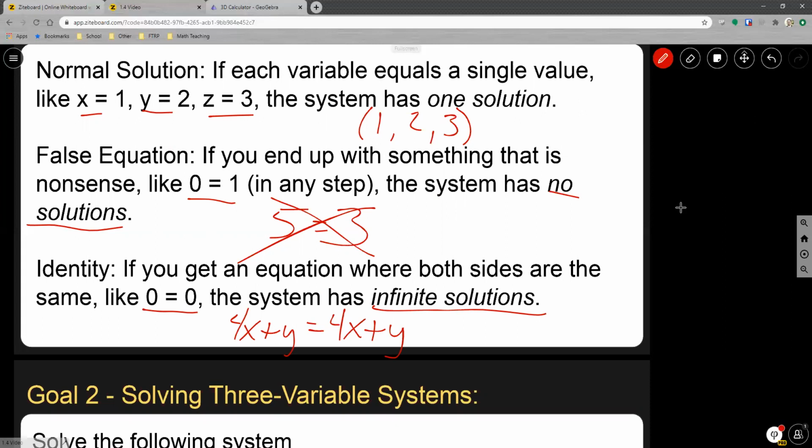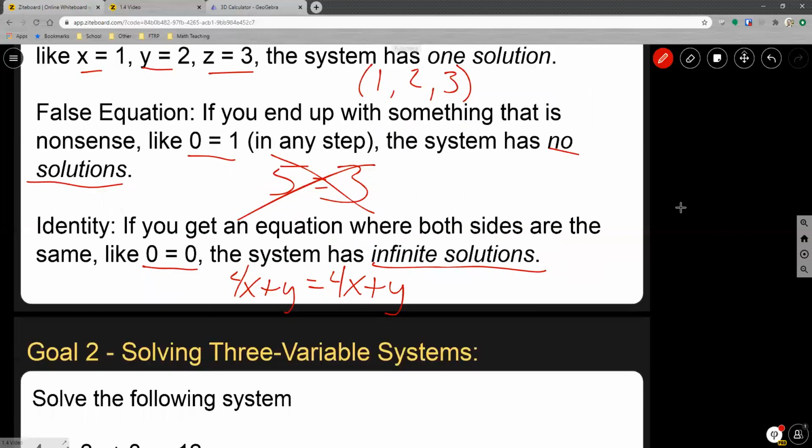A normal solution usually is arrived at the very end. We have to work our whole way through the problem. But with a false equation, we might run into a nonsense statement midway through or even at the very beginning as we start. And same with the identity. If we are working through and we get to a point where an identity shows up, we know that it's going to be an infinite solution in that case.